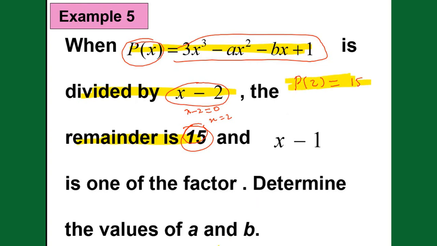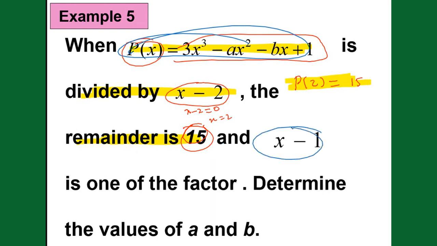First info. The next step, when this polynomial is divided by x minus 1, it is one of the factors. So x minus 1 is equal to 0, x is equal to 1.